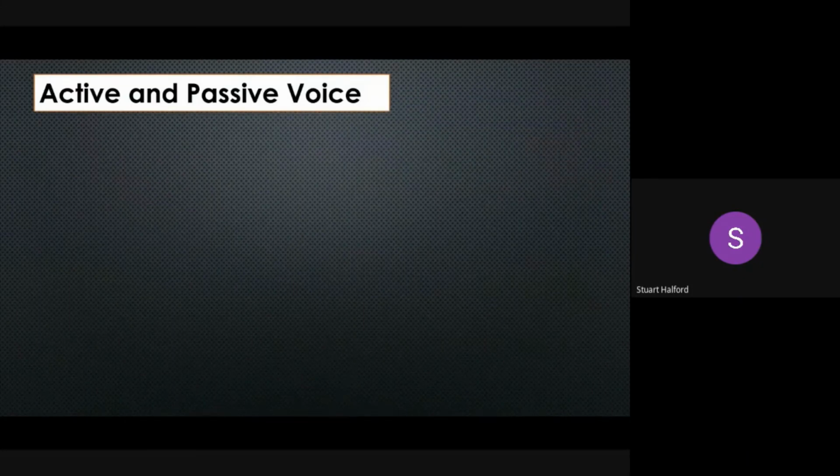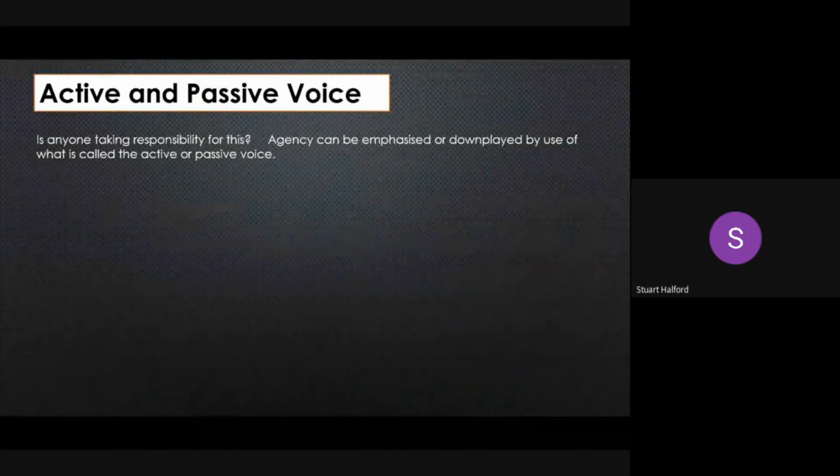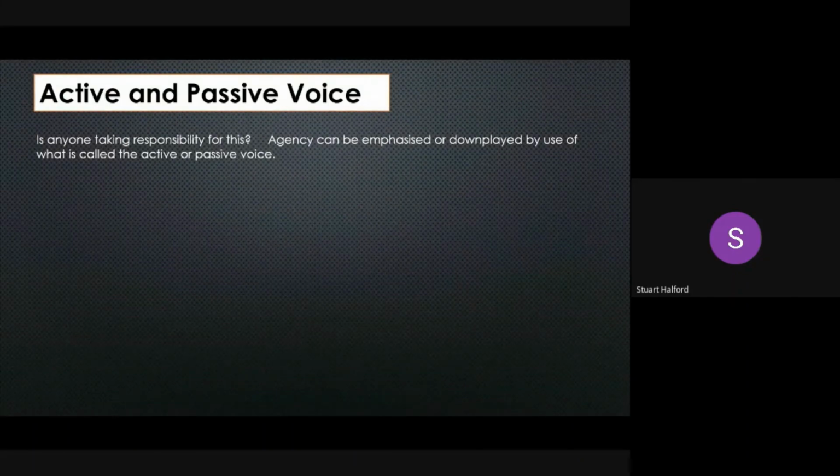Let's move then to the active and passive voice. I suppose the question with active and passive is, who's taking responsibility for the action? So we're talking about agency, and we can downplay or emphasize agency depending on whether we use the active or passive voice.